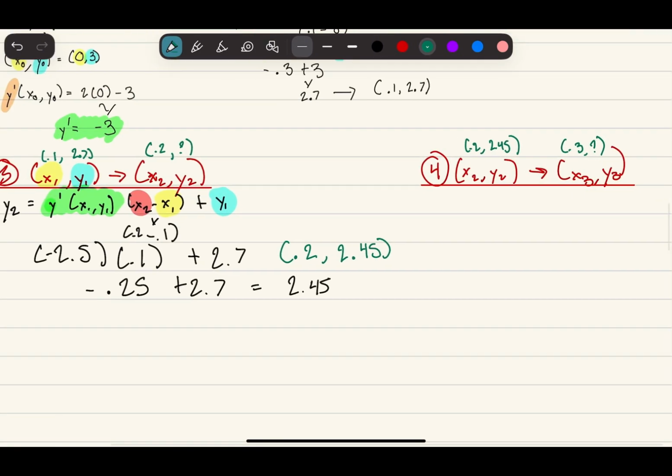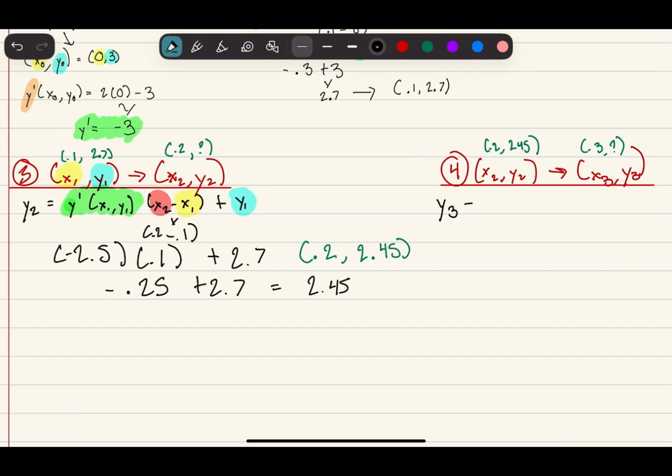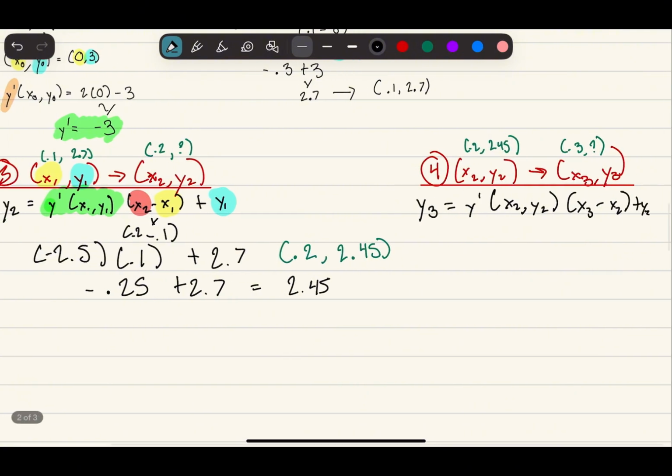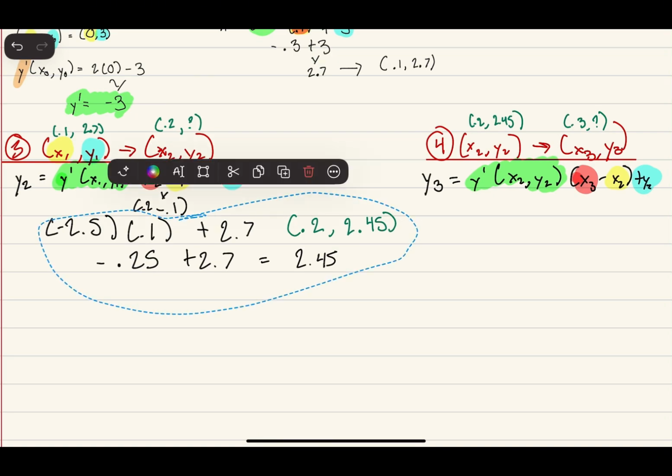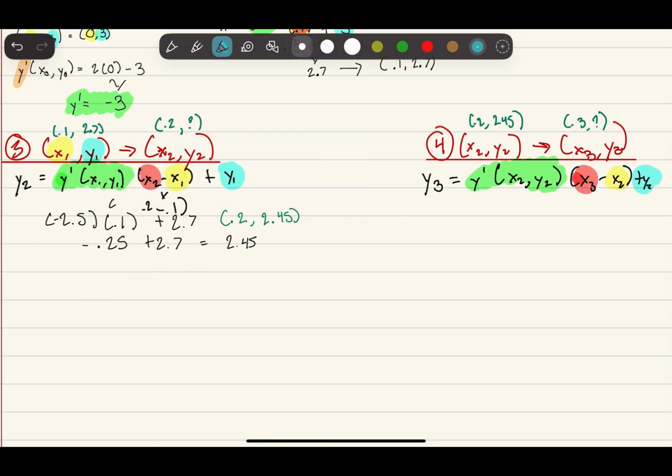Same thing again now. We have our y3 equals y prime, x2, y2, x3 minus x2 plus y2. All right, and highlight. It might feel a little repetitive, but I like the way it keeps my work organized, and I do not get lost, which is essential for me to get these problems correct. Just going to downsize these a little bit, or a lot.